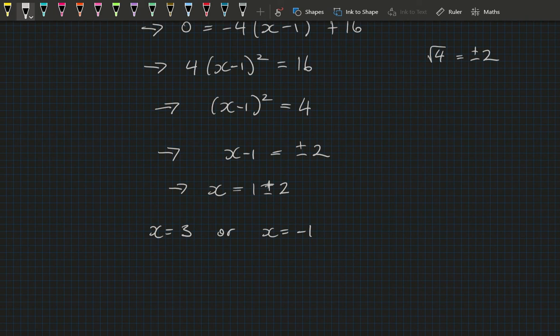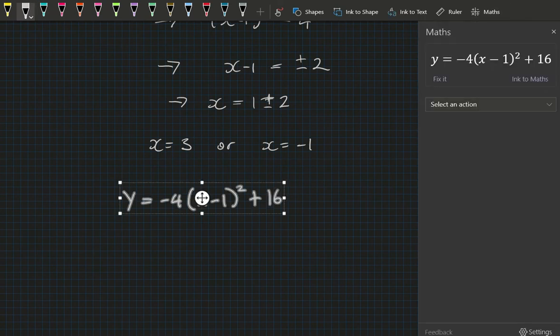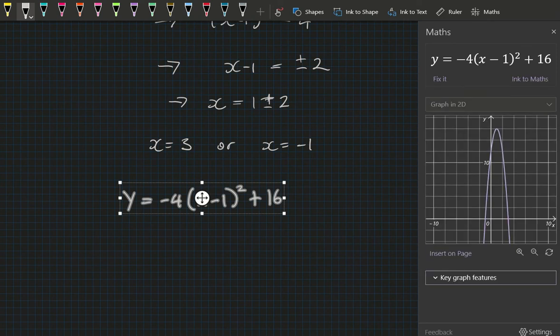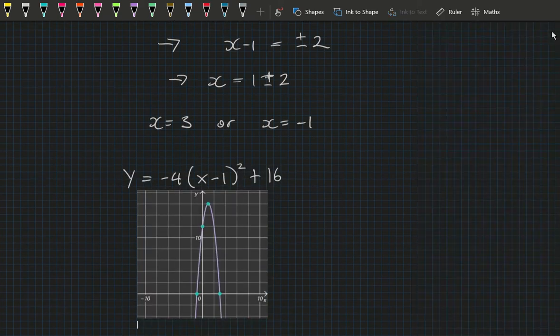All right, let's use OneNote's magic and have a look at what that graph looks like. Okay, luckily it's recognized my writing, so if I select an action, I can graph it, and I'm going to mark the key features in on the graph and insert that on the page. All right, we can see here we've got the turning point of 1 and 16, and we've got a y-intercept here of 12.